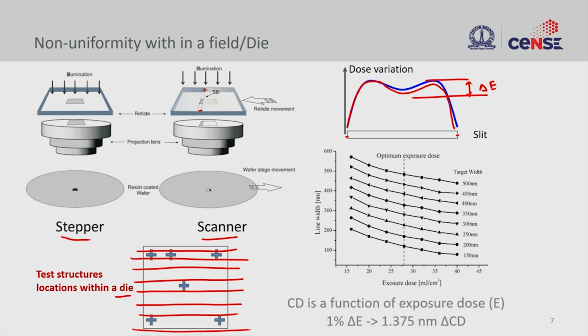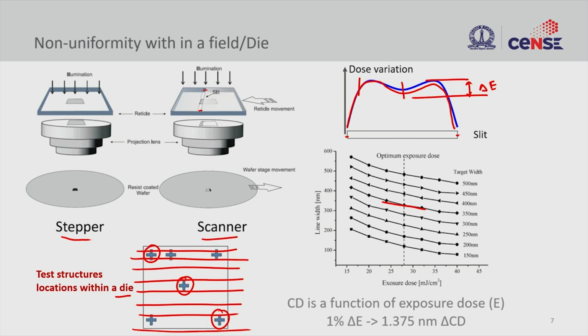And because of this slit scanning across, if I have identical devices in these points that are marked cross, and I measure all these devices, they are not going to give me the same response as I expect, because at the center I have a certain dose and at the edge I have a different dose. And because of this variation in the intensity exposure dose, you will have slight variation in CD, and this is what you want to reduce also.